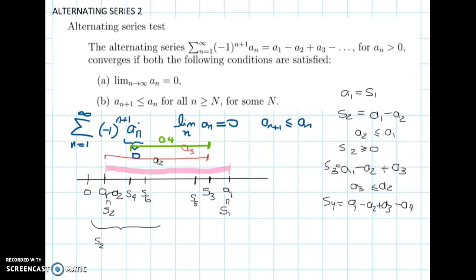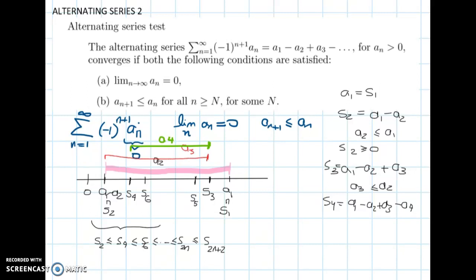If we restrict ourselves to the even terms, we have S_2 is less or equal than S_4, which is less or equal than S_6, and so on, up to S_{2n}, which is just a generic term of that subsequence, which is going to be less or equal than the next term, S_{2n+2}. So this is what's happening with the even terms of the sequence of partial sums.